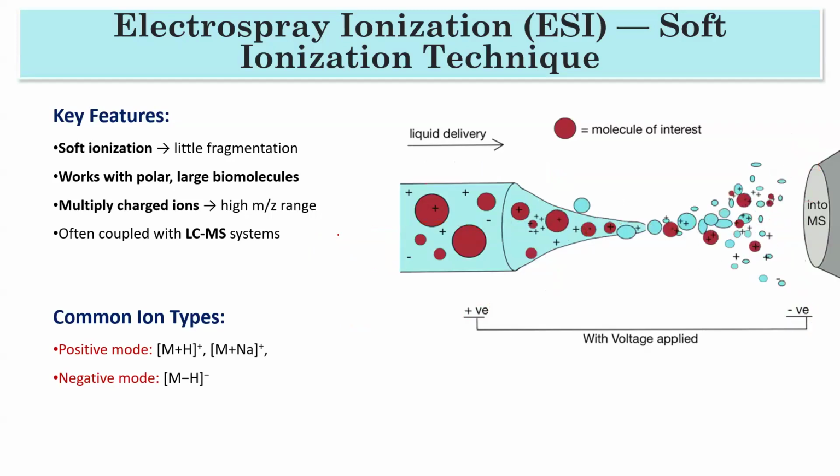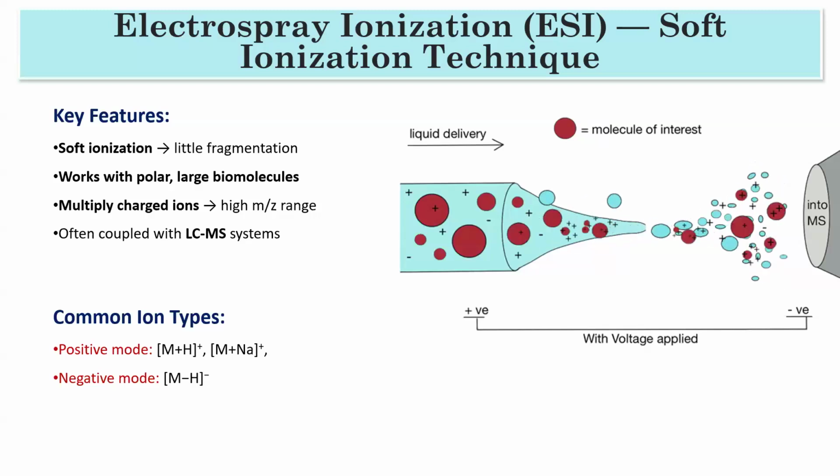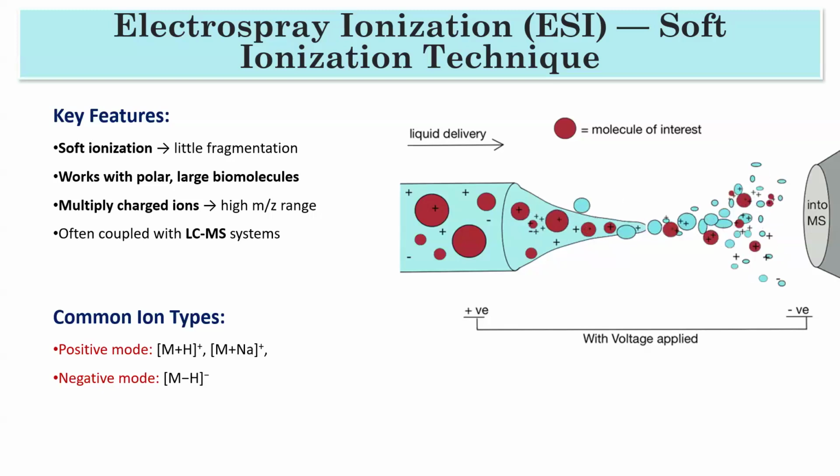Someone is asking me whether we have positive and negative mode in EI analysis. It's hard, because when we hit with the electron beam, mostly we get a molecular ion in positive mode. In EI ionization, it is hard to get negative charge.